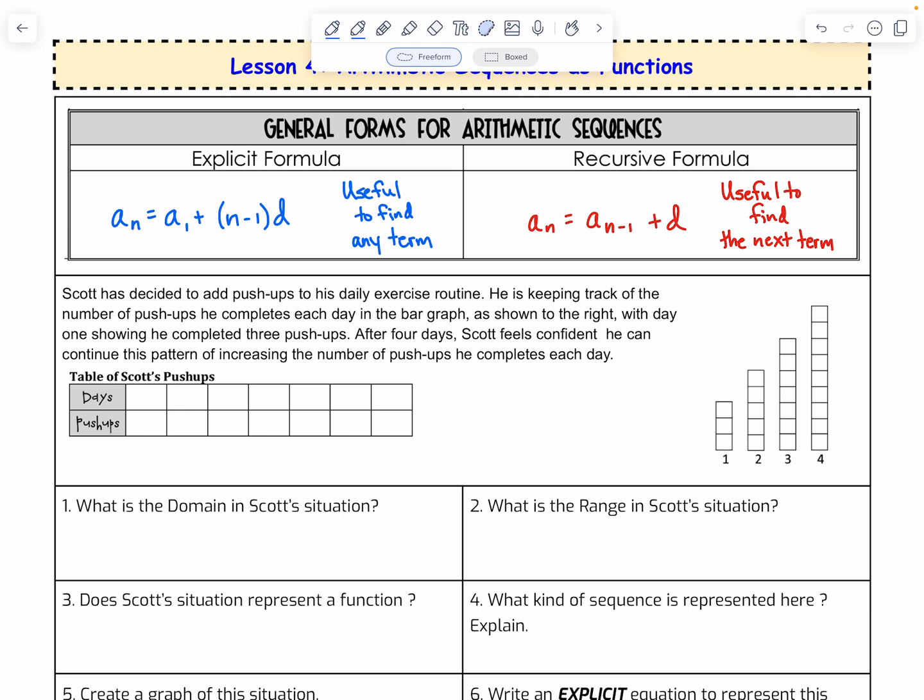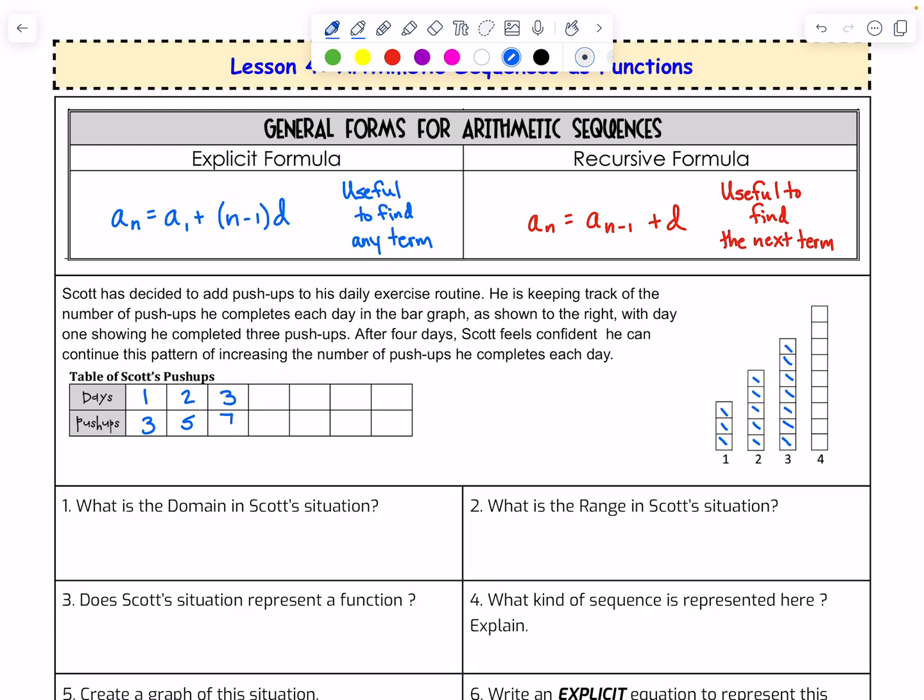So we have day 1, we can count that he completed 1, 2, 3 push-ups, and it was also told to us that on day 1 he completed 3. In day 2, he completed 1, 2, 3, 4, 5. In day 3, 1, 2, 3, 4, 5, 6, 7.